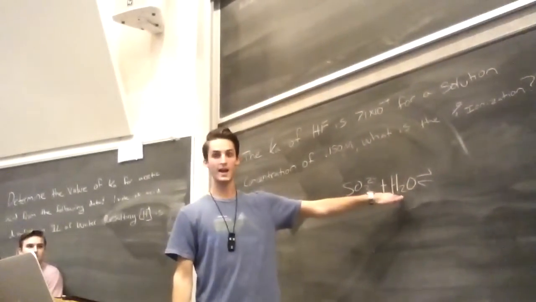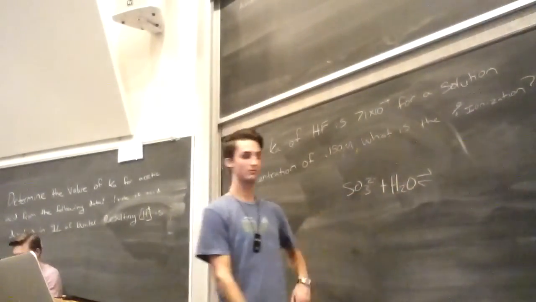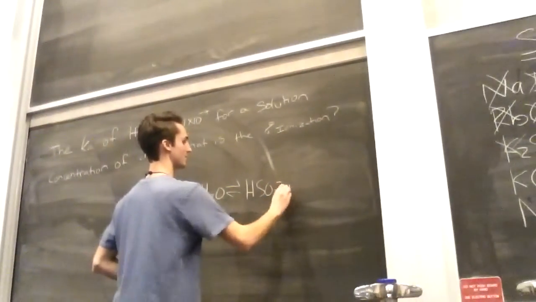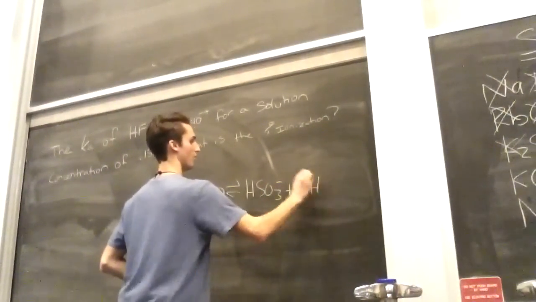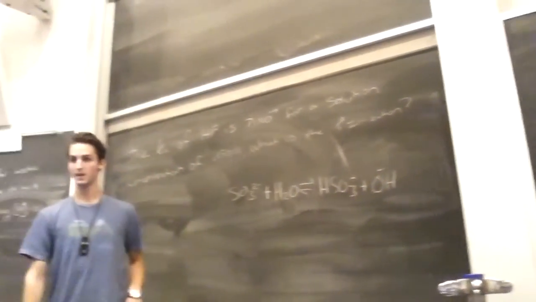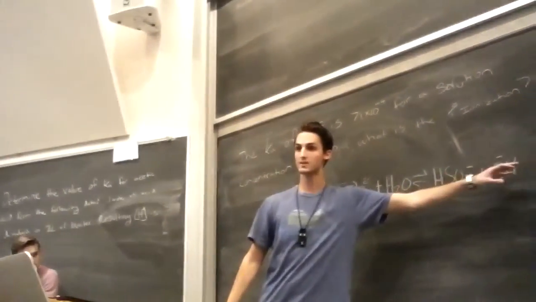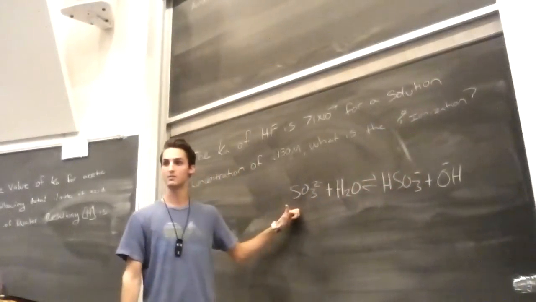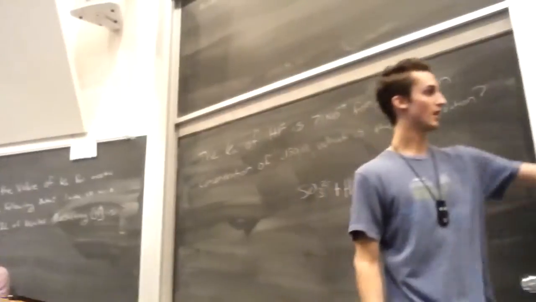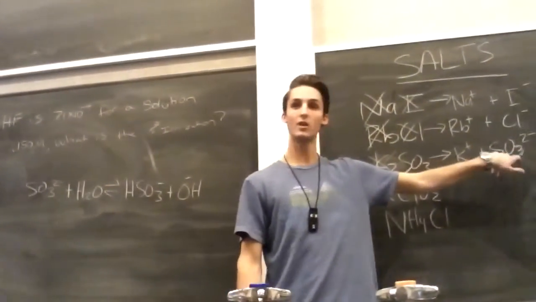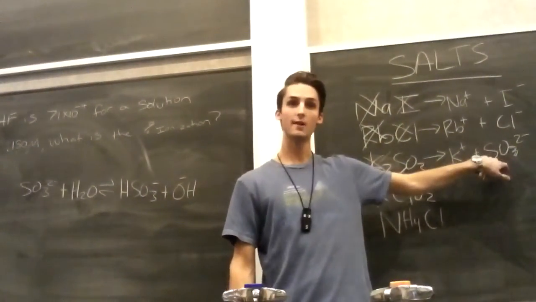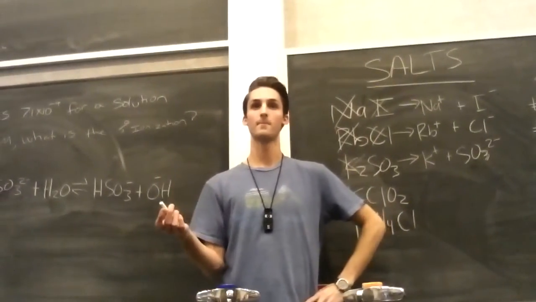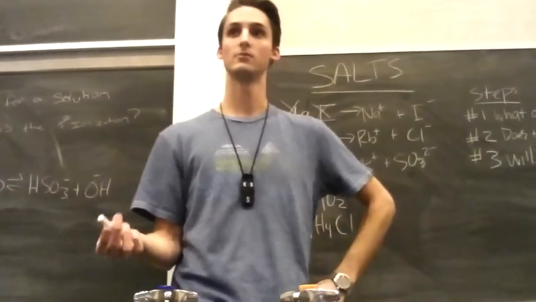It's going to be HSO3 minus plus OH minus. Okay? If I'm producing hydroxide ion when I put this in water, then that means it's a base. So I come here, and I know this ion will act as a base, and therefore it's going to increase my pH. Did everyone follow that? Yes. Is it getting clearer?